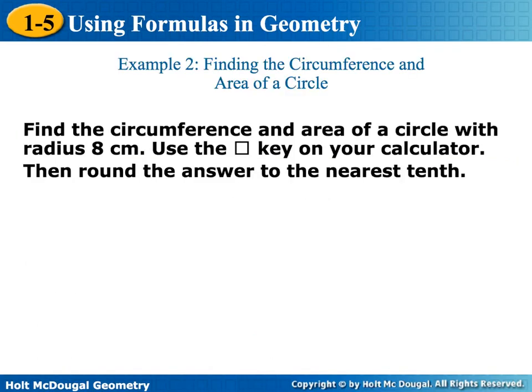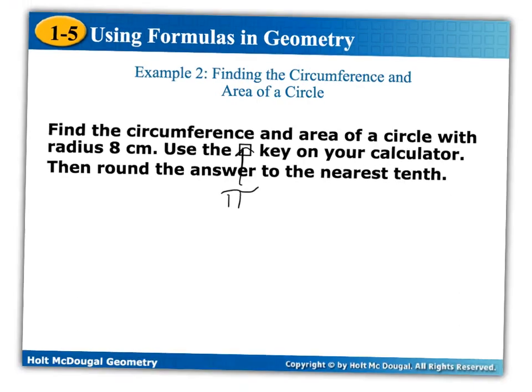All right, so your last example is to find the circumference and area of a circle with radius 8 centimeters. Use the pi key on your calculator, then round the answer to the nearest tenth. What I'm going to do first is find the circumference.